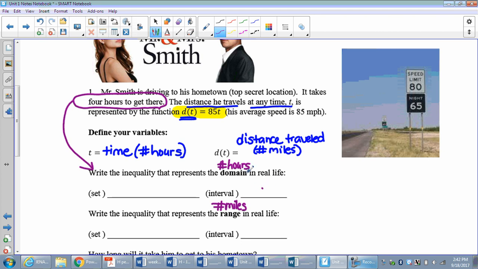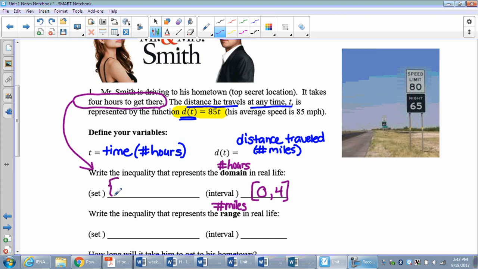I'm going to do interval first. So I know that at most it's 4 hours, but I need to figure out what goes here. Well, I ask myself, in the real world, what cannot be true about time? And we've had a conversation in class how we can't have negative time. So the smallest number of hours possible is 0.